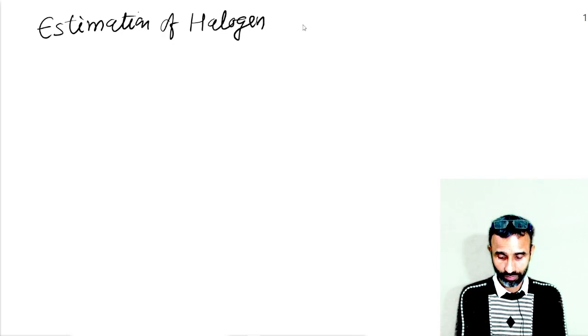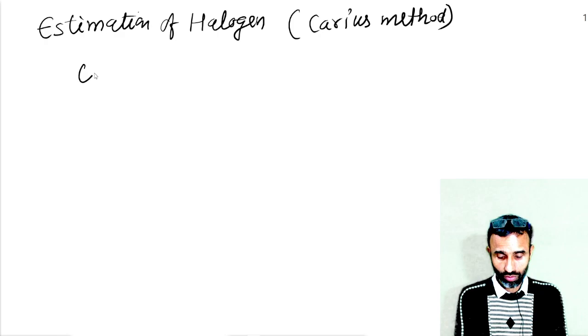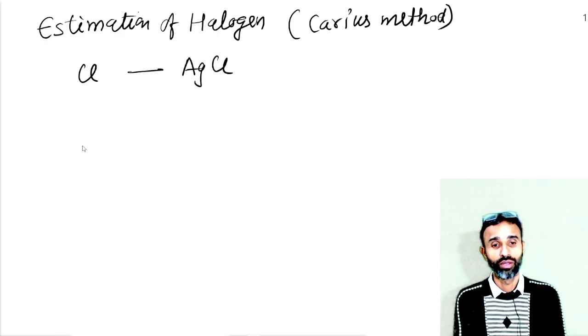Now next is estimation of halogen by Carius method. In Carius method, chlorine is estimated in the form of AgCl, bromine is estimated in the form of AgBr, and iodine is estimated in the form of AgI.